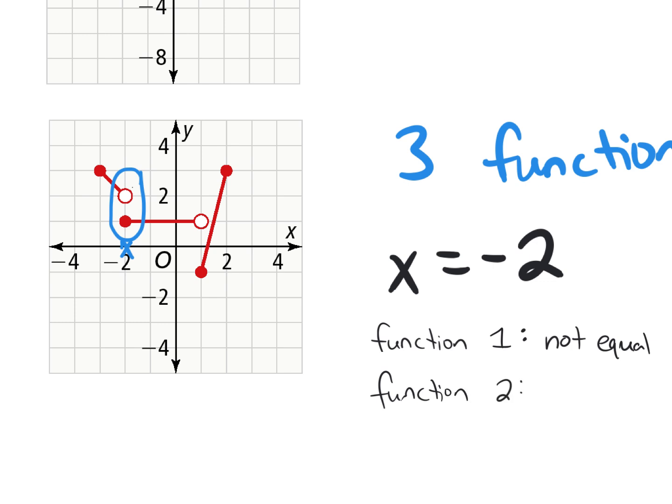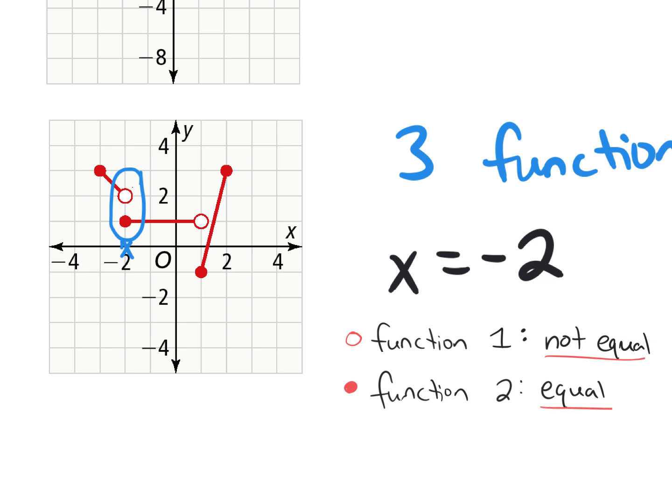Is it equal to or not equal to? It is equal to. So for the value of x equals -2, in the first function, since we have an open circle, it's not equal to. In the second function, we had a closed circle, so we know that is equal.